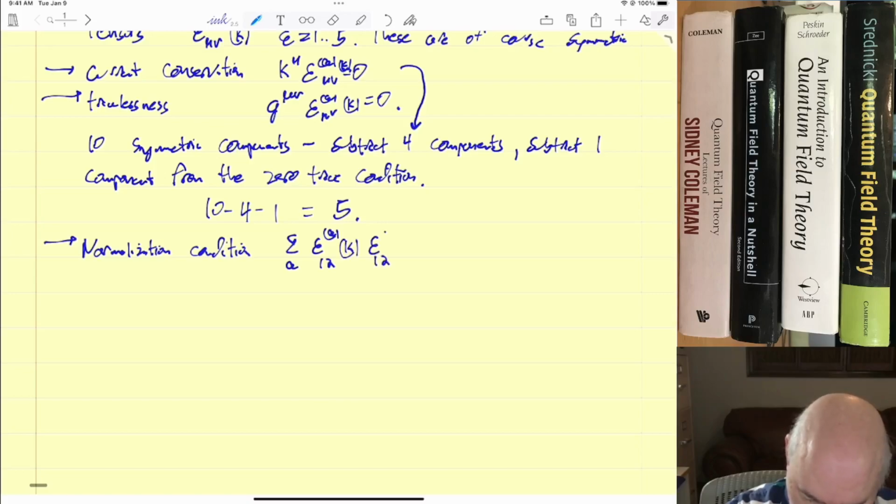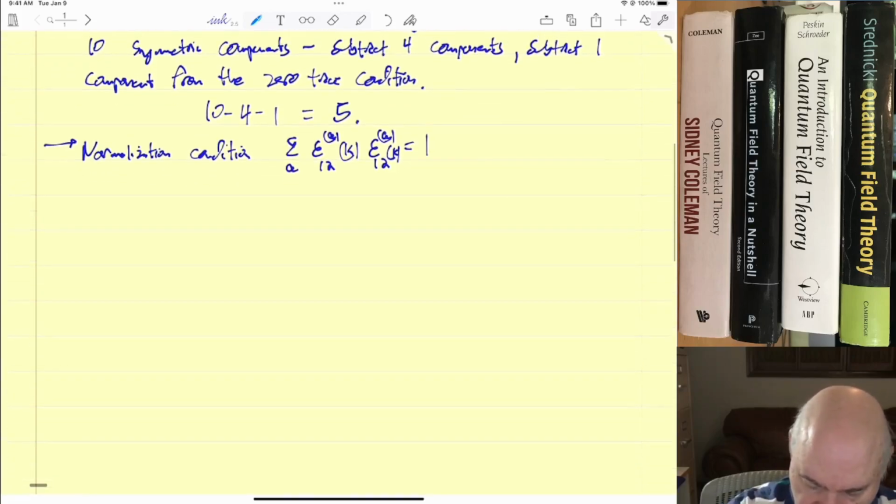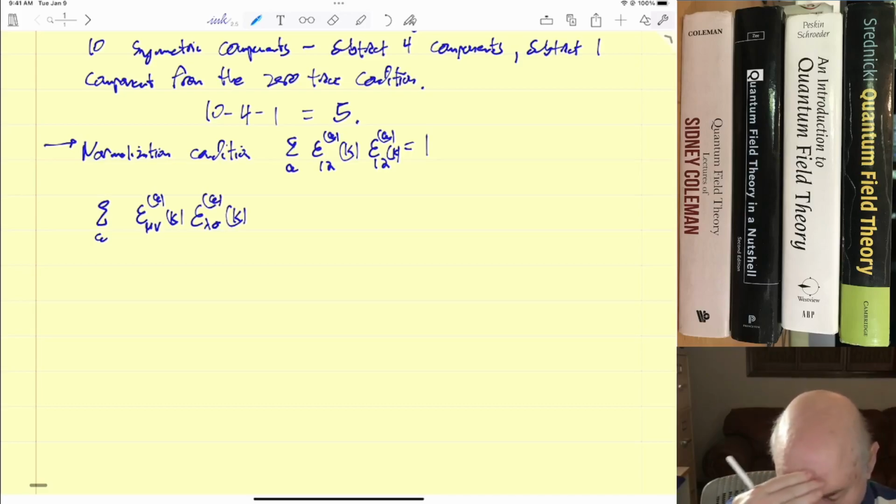But that's our normalization condition. So as we need to determine our propagator, we need to determine the polarization tensors. So the purpose of the rest of this video, for the most part, is to evaluate this object.